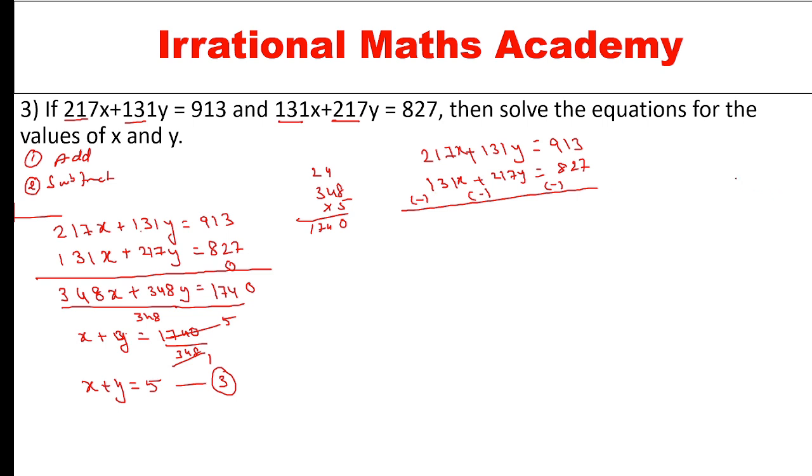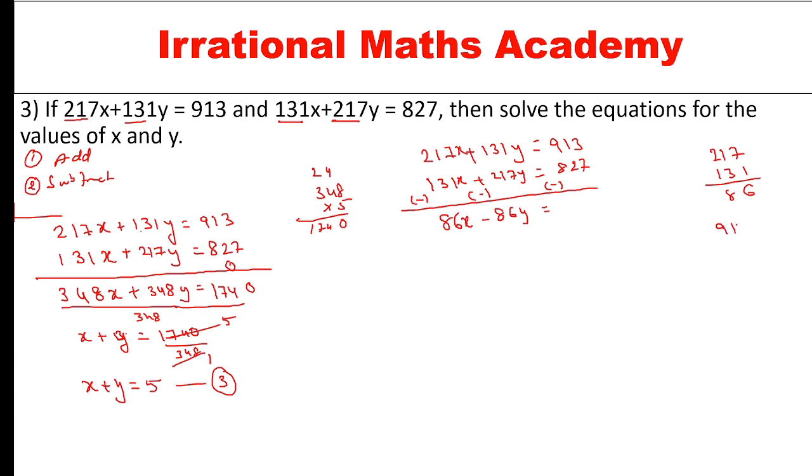So what I'll get here? 217 minus 131. From 21, if I subtract 13, what I'll get? 8. 86 I'll get. 86x I'll get here. Plus 131y minus 217y, minus 86y you will get here.